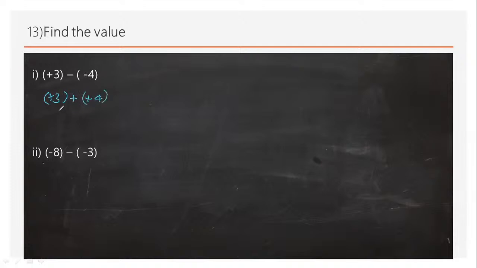Then plus 3 and plus 4, the answer is plus 7. In this sum, minus 8, write the plus sign here. Instead of minus 3, write the additive inverse plus 3. Then take the difference of this. Different signs are added, you have to take the difference. For the answer, take the sign of the larger numerical value. You have to take the difference of 8 and 3, that is 5, minus 5.